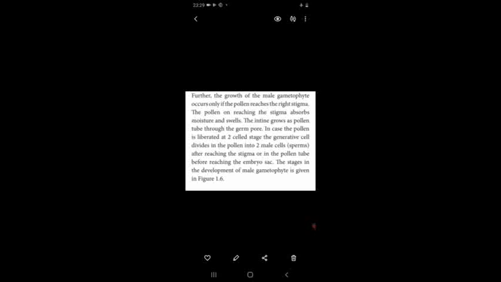Further, the growth of the male gametophyte occurs only if the pollen reaches the right stigma. It's the next stage. At the two-celled stage, the pollen is liberated from the anther and reaches the correct stigma. Once it reaches the stigma, it absorbs water through the germ pore and swells.